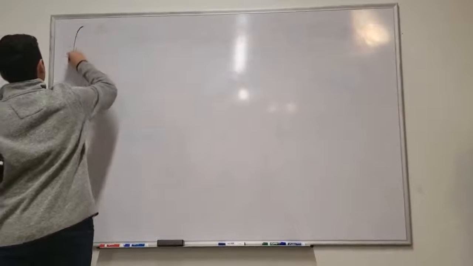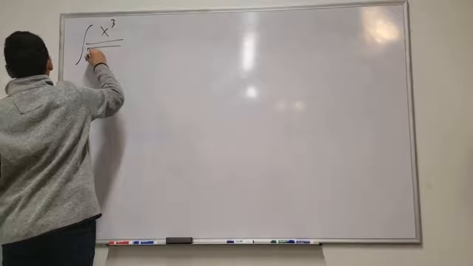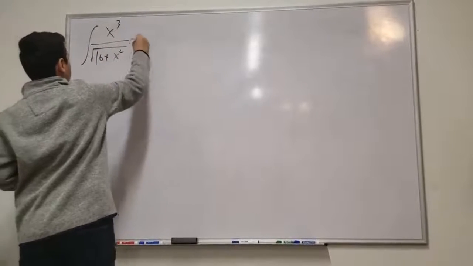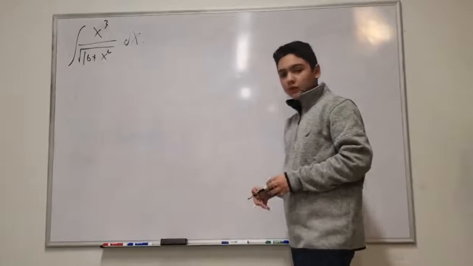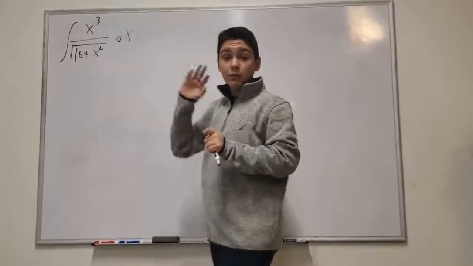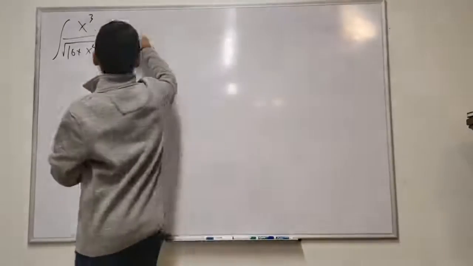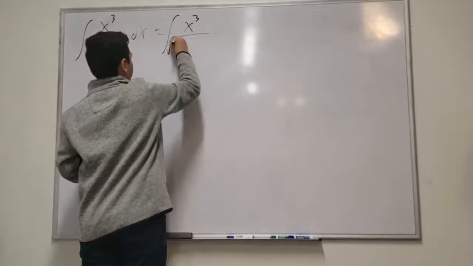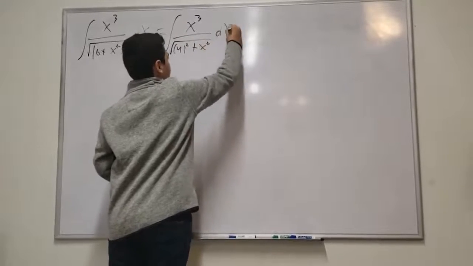Say we have the integral of x cubed divided by the square root of 16 plus x squared dx. The 16 is not in the a squared form, but it can be written as 4 squared, so we can write this as x cubed divided by the square root of 4 squared plus x squared dx.